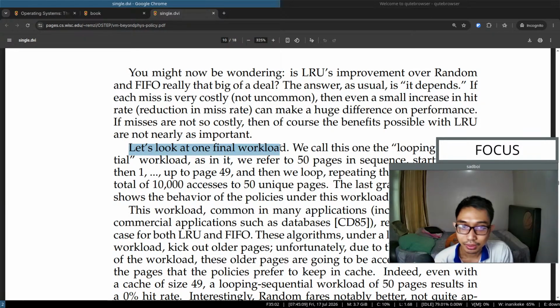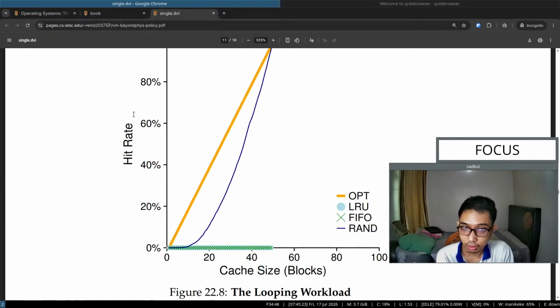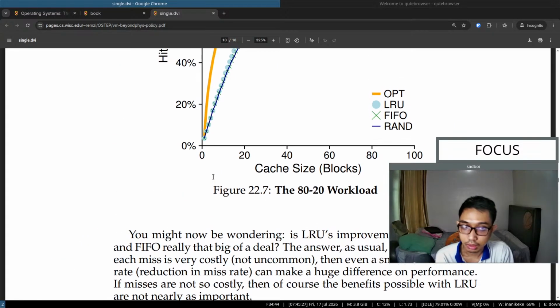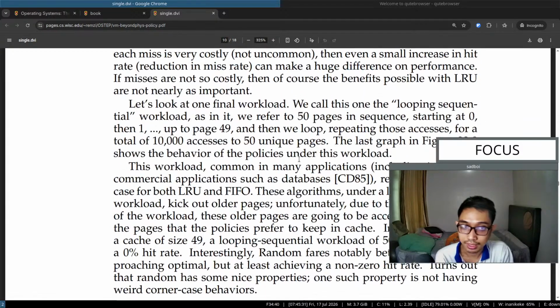Let's look at one final workload. We call this one the looping sequential. Oh, one final workload. I mean, we haven't taken a look at figure 22.7, right? Yeah, I missed that.